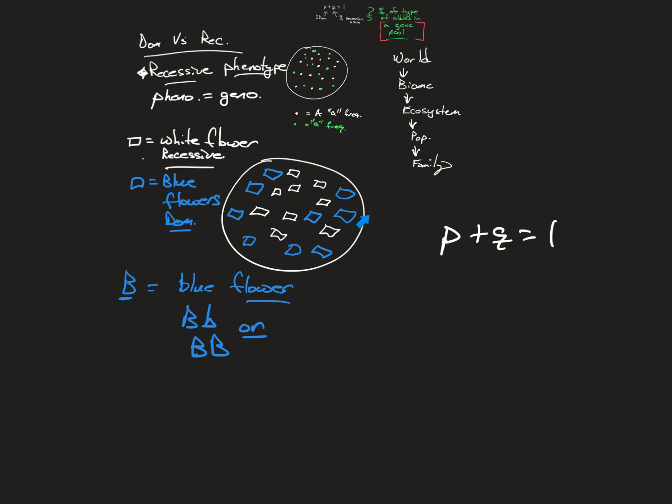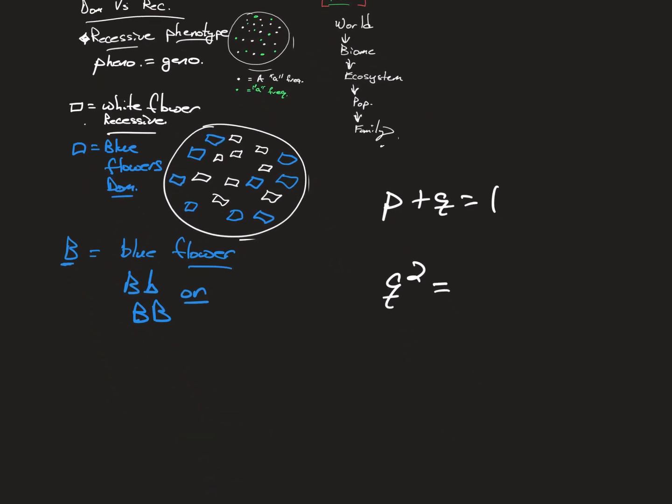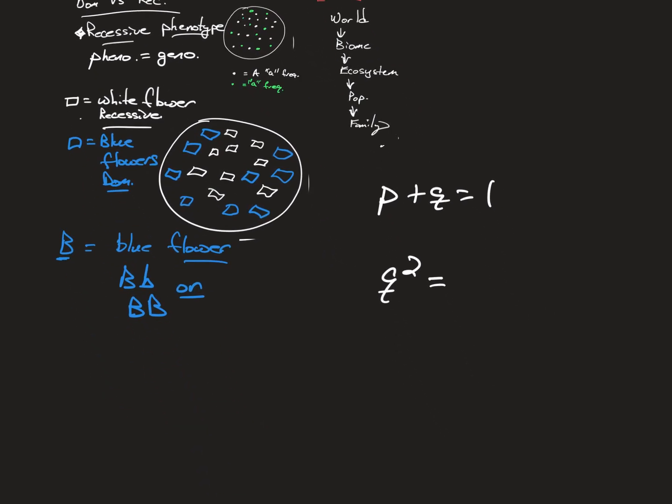We can't tell P or Q because we don't know how many of the little b's there are with the blue. But we know what Q squared is, right? What is Q squared again? The white flowers. We know the percentage of white flowers, don't we?